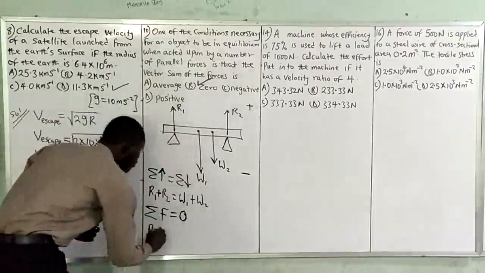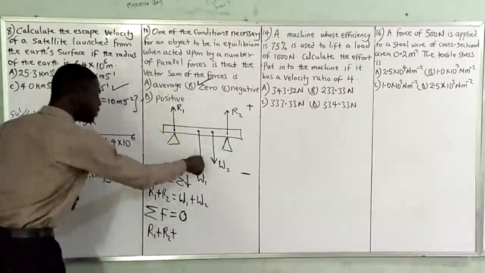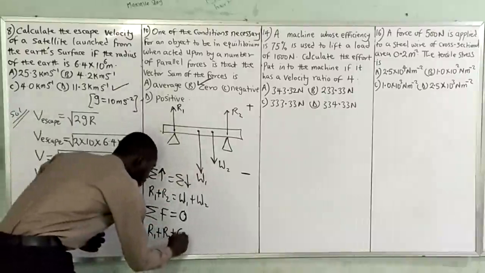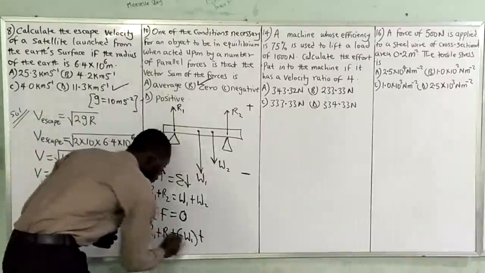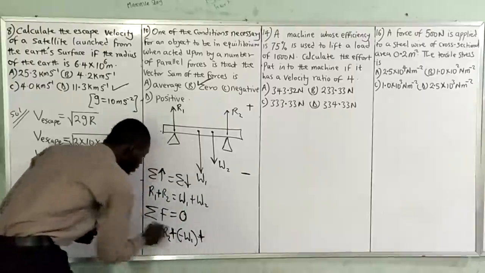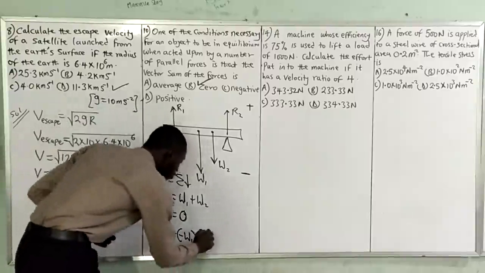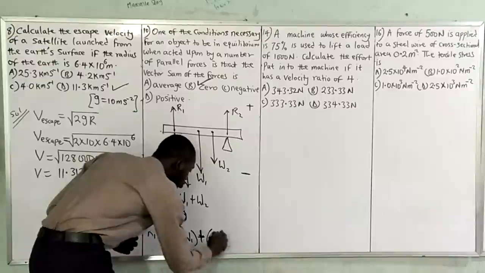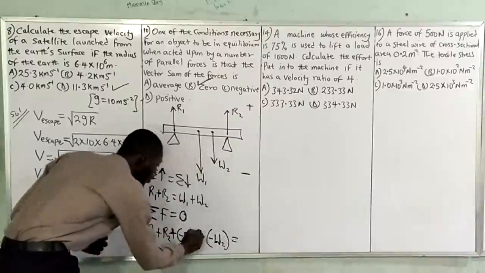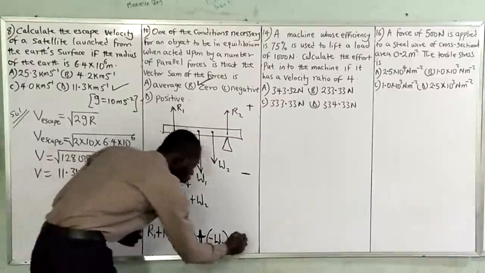So R1 plus R2 is going up, plus, this one is coming down, put it in brackets, minus W1, plus. The addition here shows we are carrying out a summation. So plus another one coming down, that will be negative W2, and the summation of all the forces is equal to 0.